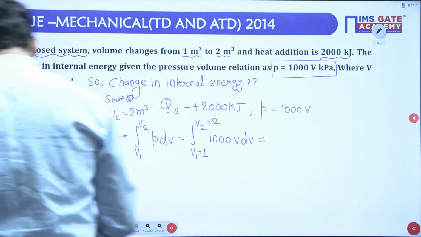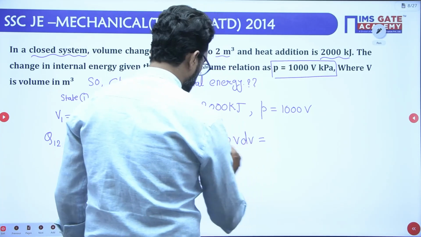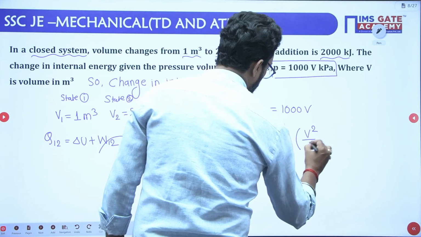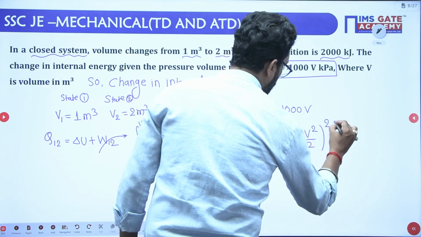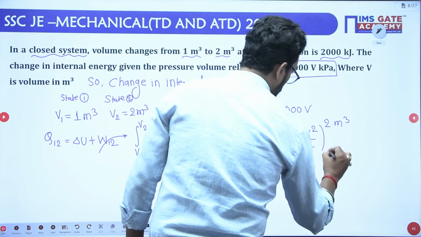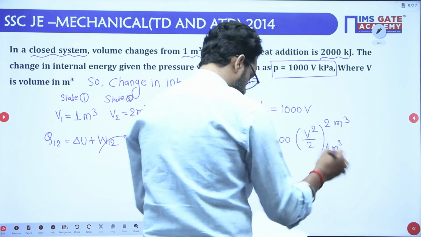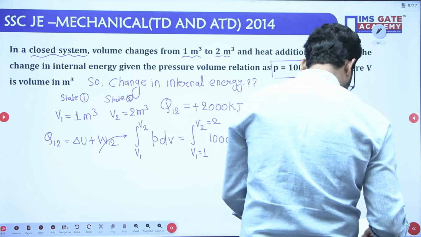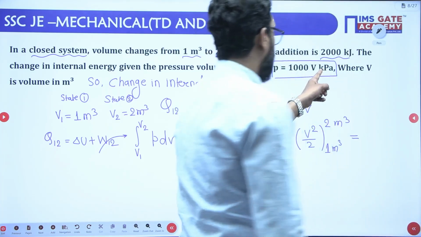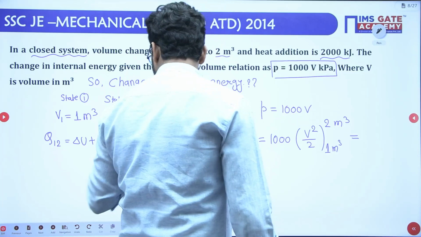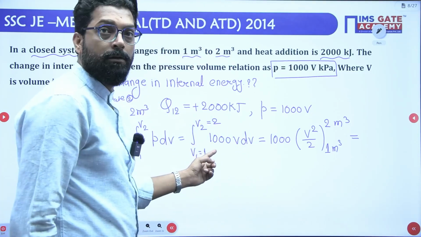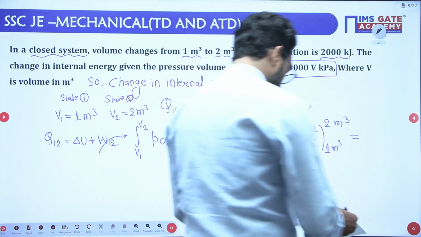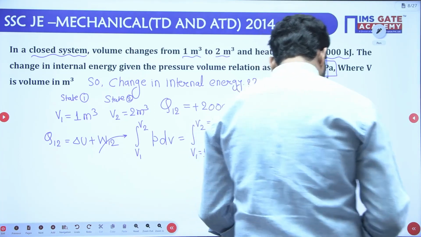So if you solve this, 1000 kept outside, and here V square by 2, with upper limit 2 meter cube and lower limit 1 meter cube. If you put in and solve, mind it, this is kilopascal, so this energy is in kilojoule.